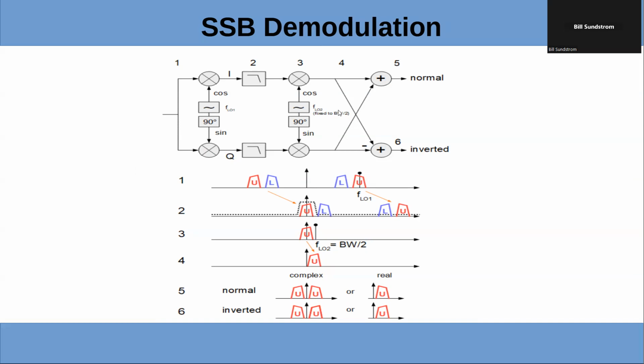This is the, what do we call that? Beat frequency oscillator. You used to call it the beat frequency. I don't really call it that. Basically, it's your intermediate frequency, whatever your filters were. Right. And then you can get out the normal and the inverted signal.